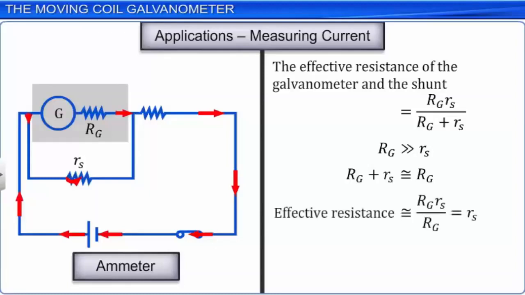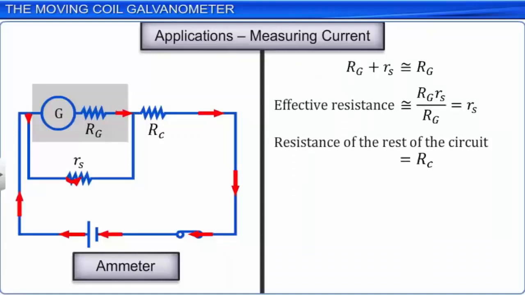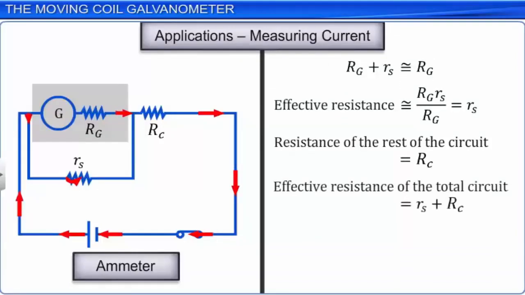The effective resistance of the galvanometer and the shunt resistance is in series with the resistance of the rest of the circuit. Let the resistance of the rest of the circuit be denoted as RC. Thus, the effective resistance of the total circuit is equal to RS plus RC.